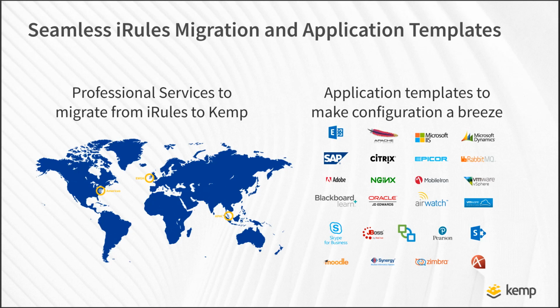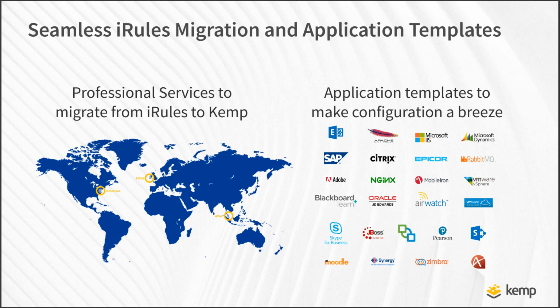We have seamless iRules migration and application templates. So if you are migrating from an F5 solution, again, 80% of our customers or customers using F5 Big IP are using iRules. Chances are you need to migrate your iRules to a different solution. We have professional services that are extremely educated in terms of understanding iRules configuration and the coding and migrating it to a Kemp configuration.